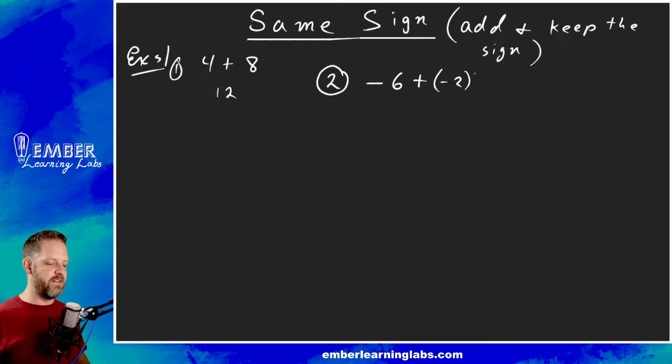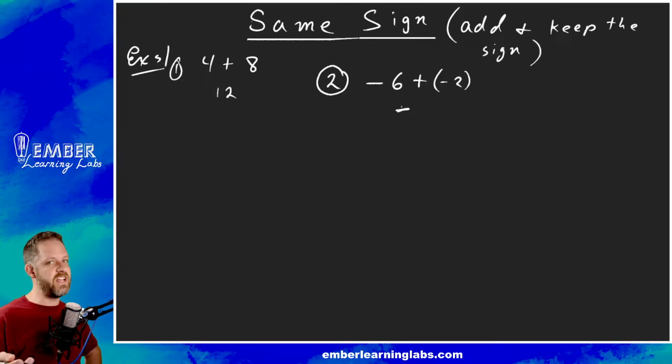But again, we have things that we're adding together that have the same sign. So -6 plus -2, we're going to add and keep the sign. Especially if it's going to be a negative, I like to plop that in right away so I remember and don't forget.